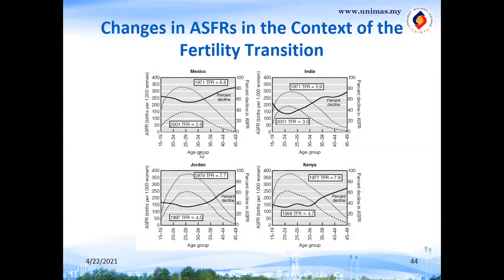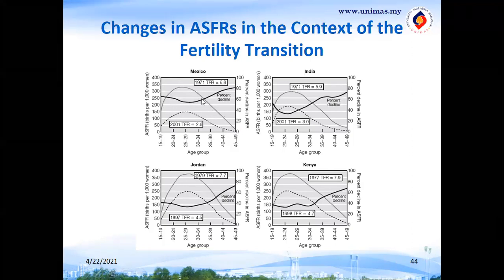For example here, if you can see, in Mexico, between 1971 and 2001, the dotted line is the graph for 2001, and the gray line here is the total fertility rate for 1971. So there is a big difference between the two periods.